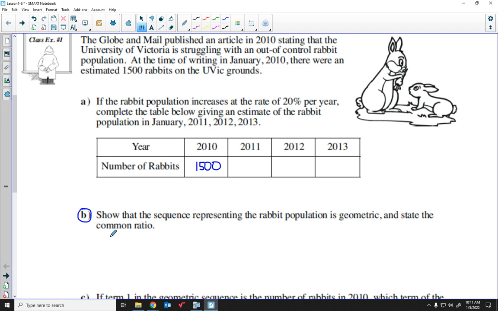To calculate the common ratio, we're first going to calculate it as a percentage. So the common ratio would be 100%. Now, the 100% represents the present value of the rabbits. But what we also need to do is add this growth percentage number, the 20%.